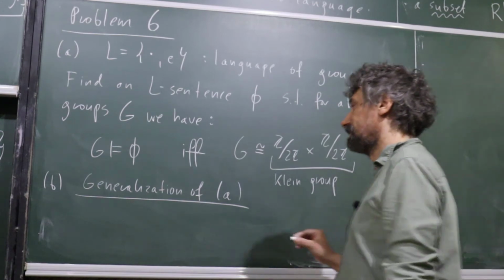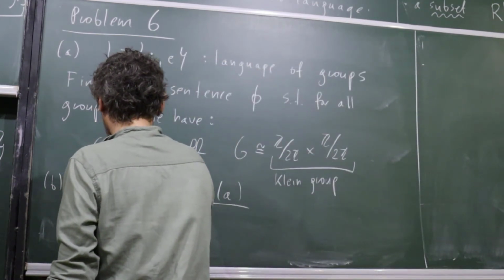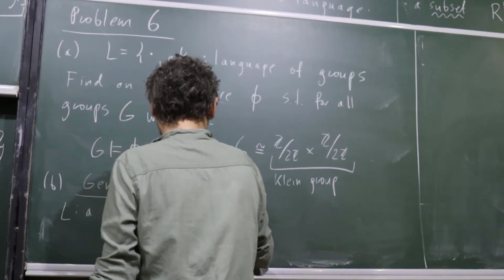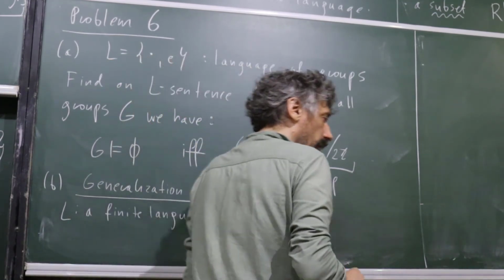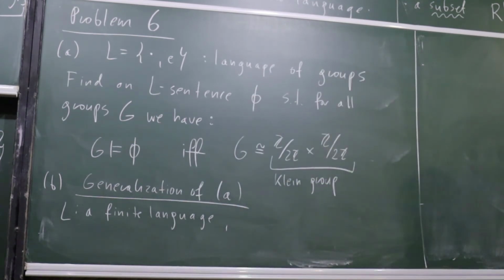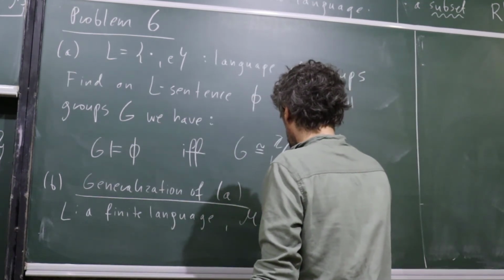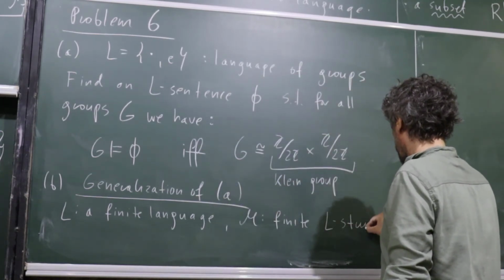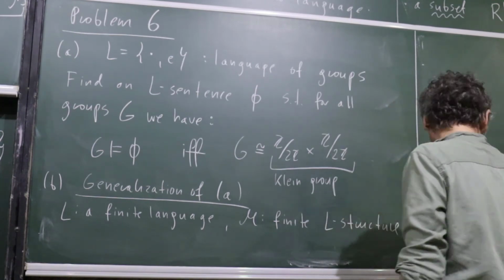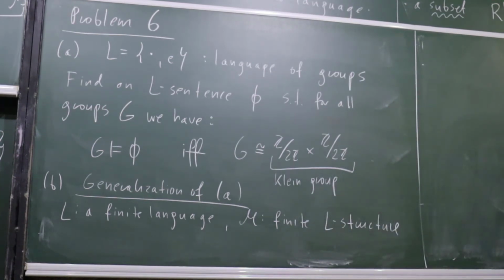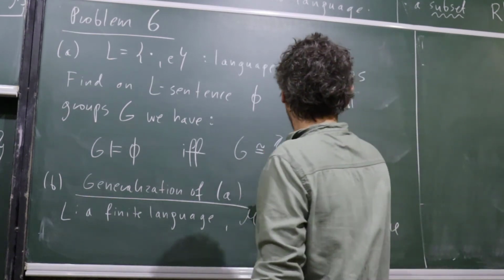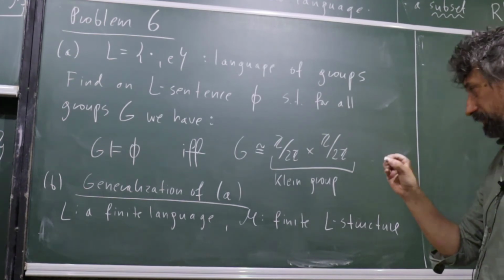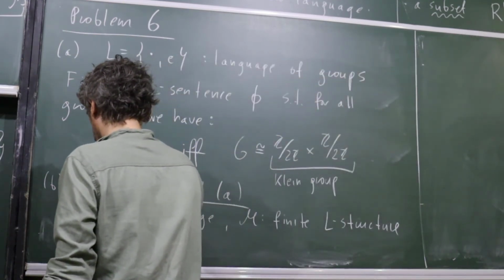Okay, yes. So L a finite language, M a finite L structure. Okay, maybe not find, so show. So here I'm telling you find, so write down a sentence. Here I'm saying just show that there is a sentence.